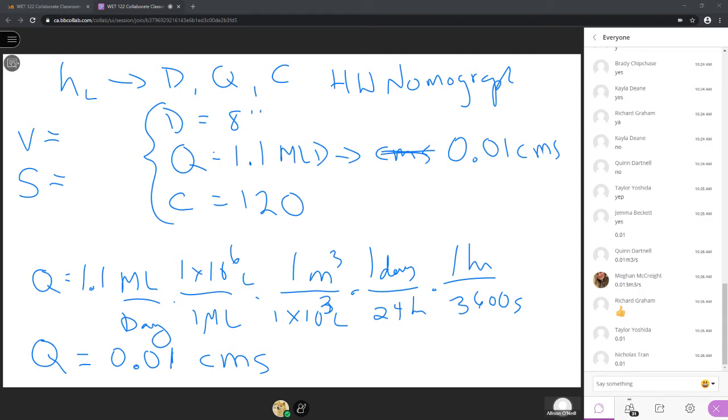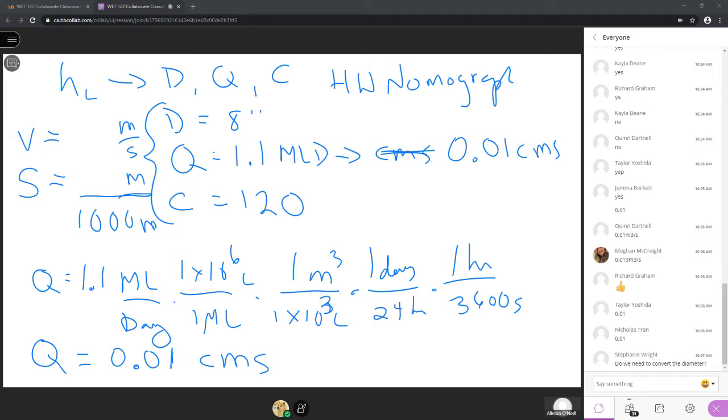And that's going to be in meters per 1,000 meters, and our velocity is going to be in meters per second. So whenever you're ready to start throwing stuff in the chat.